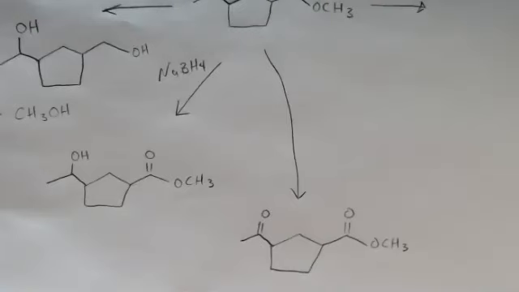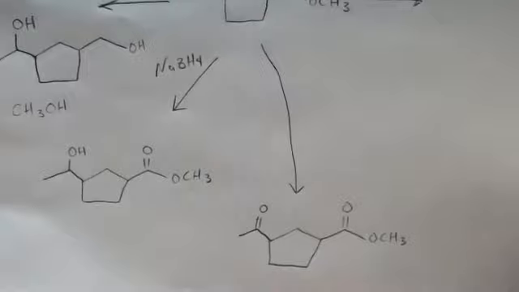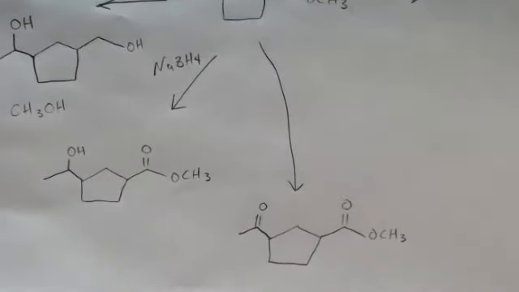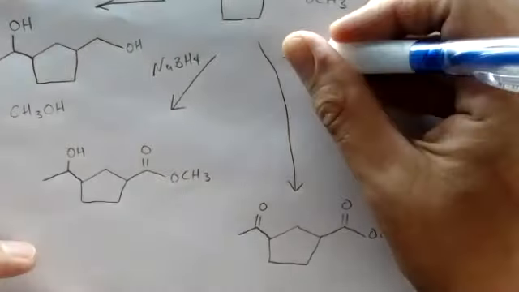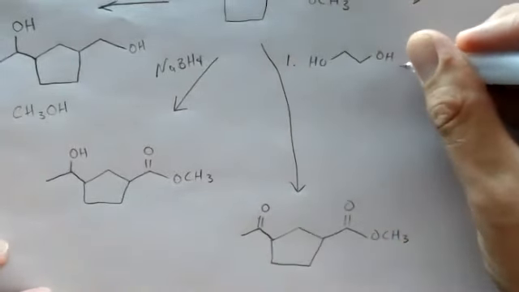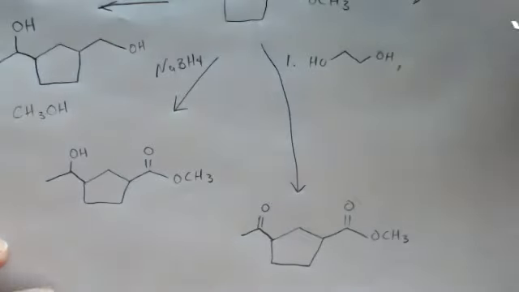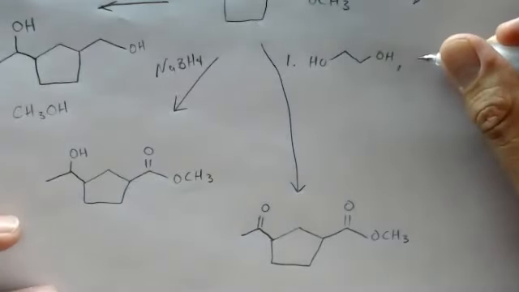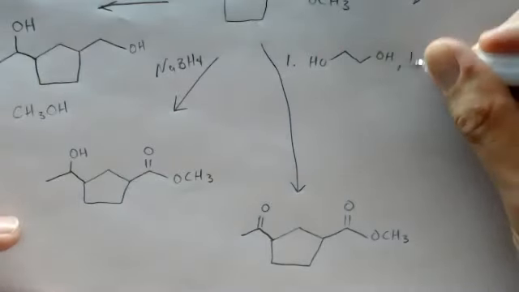The added protecting group for the ketone is the two-carbon chain with an alcohol on both ends. It's ethylene glycol. And then do we need a catalyst for this? Acid, H+.